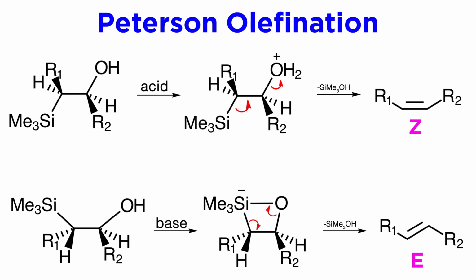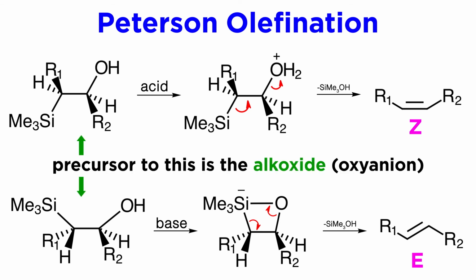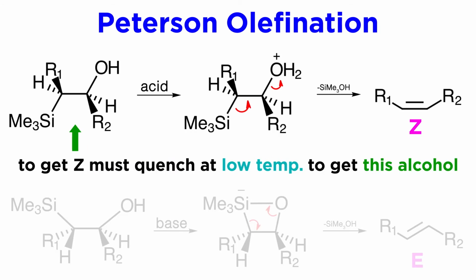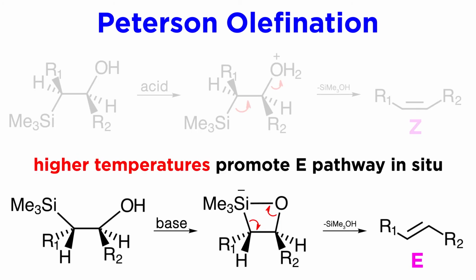One thing to be aware of is as follows. It is evident that the primary product of these reactions, an alkoxide, will tend to fragment in situ. And if the Z-olefin is desired, this primary product must be quenched with acid below room temperature, and thus before it has a chance to fragment at higher temperature, yielding the E-olefin instead.